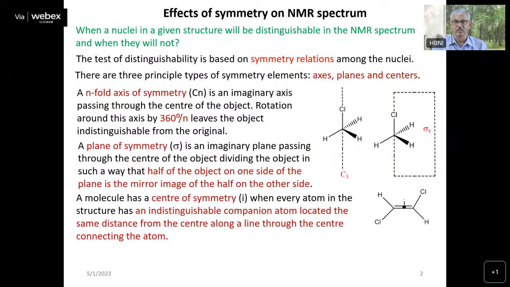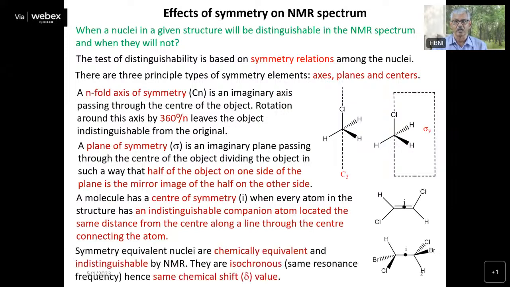What you will see in the center of symmetry is that each atom has a companion atom located at the same distance from the center, along a line through the center connecting the atoms. You can see clearly this hydrogen and this hydrogen, that is the center of symmetry. Similarly, this hydrogen and this hydrogen.